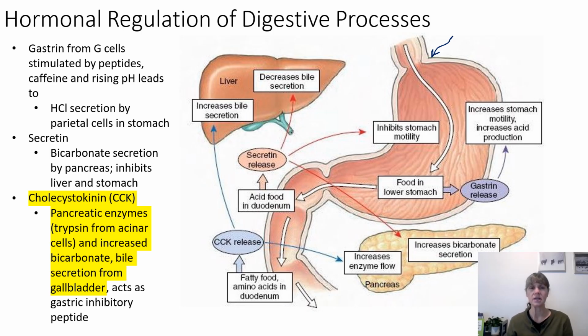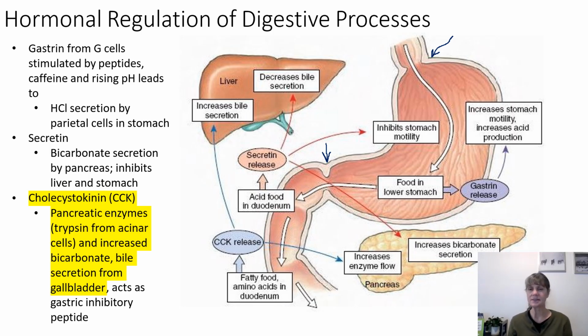Gastrin will stimulate parietal cells in the stomach to secrete more hydrochloric acid, and gastrin also increases the motility of the stomach. As the bolus mixes with the hydrochloric acid in the stomach, it will then pass through the pyloric sphincter little by little into the first part of the small intestines known as the duodenum.